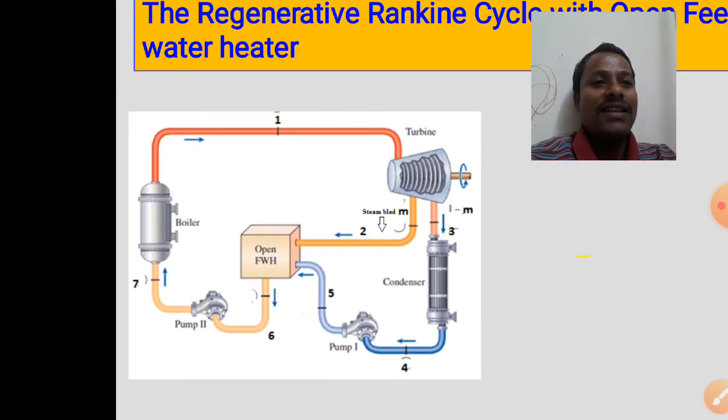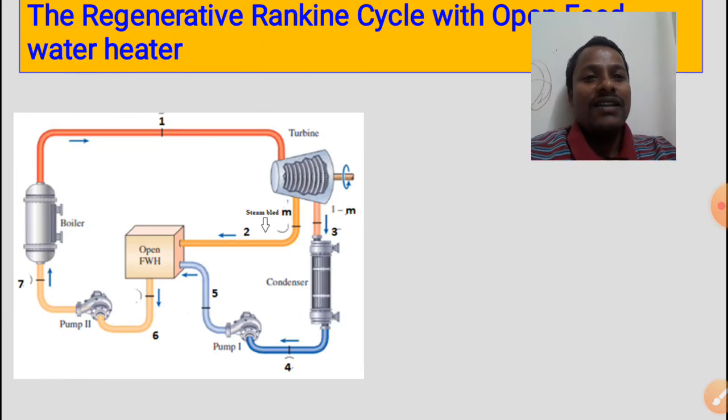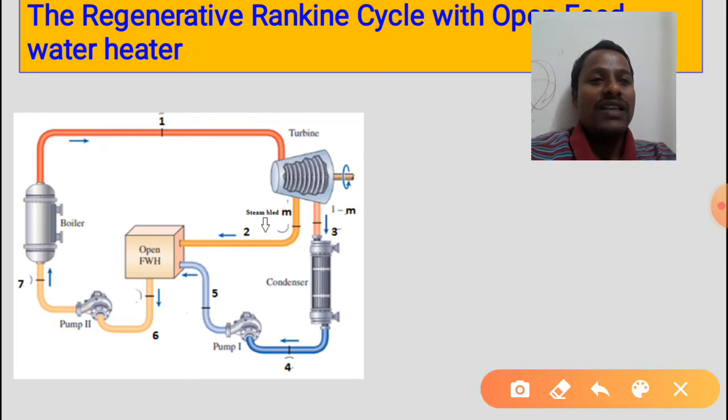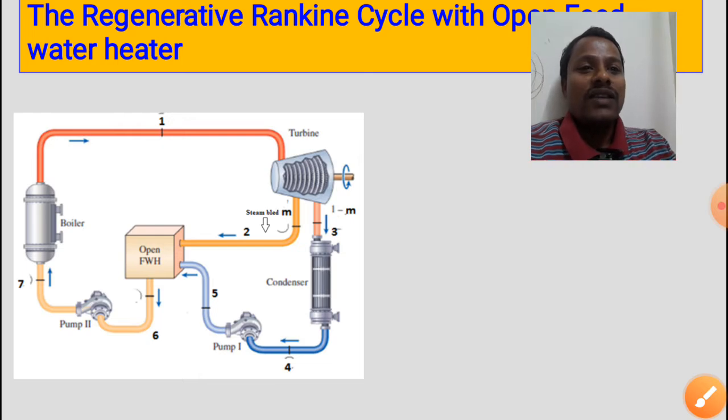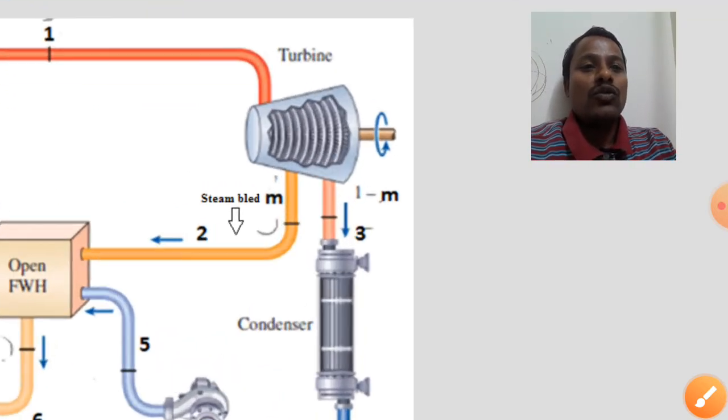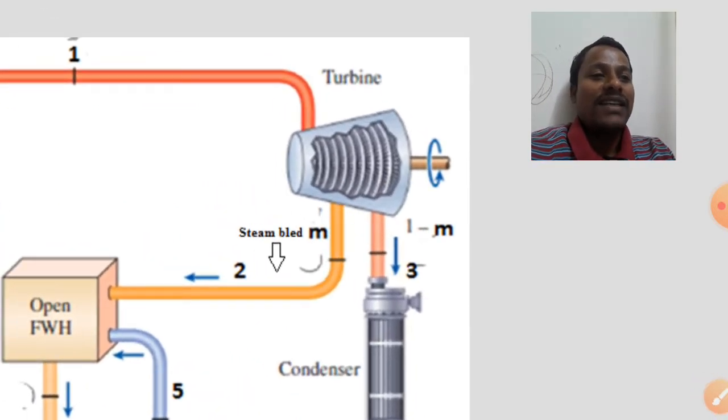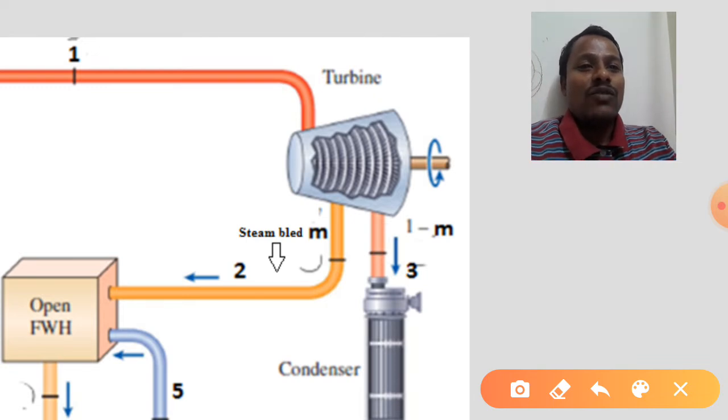See here, the steam coming out of the boiler enters the steam turbine here. It undergoes expansion from state 1 to state 2 inside the steam turbine.